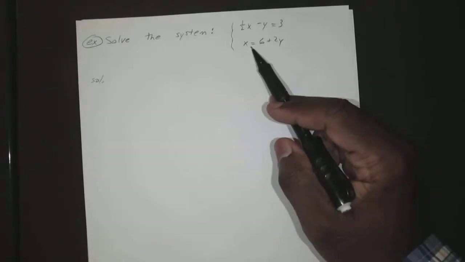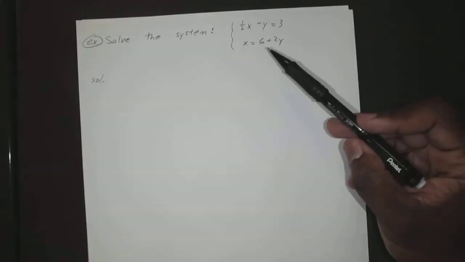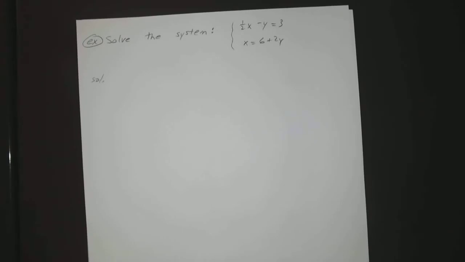Here you already have x equals 6 plus 2y. So all you have to do is replace x in the first equation.